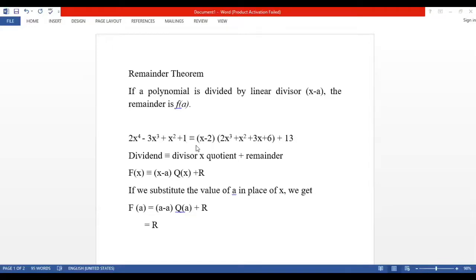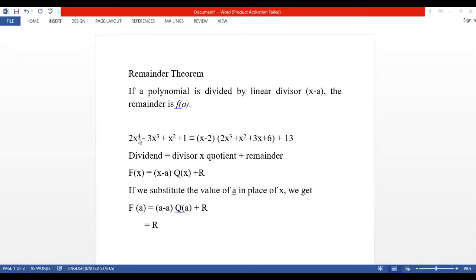Now the terms on the right hand side are known as follows: the first is the divisor, the second biggest term is the quotient, which is being multiplied with the divisor, and the last term, which is 13, is the remainder.